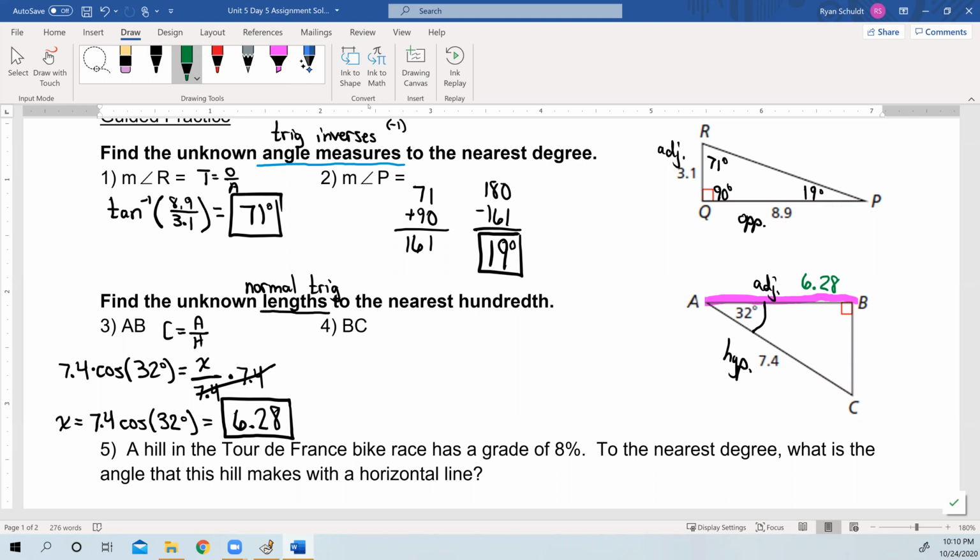I know my hypotenuse is 7.4, so let's try to find BC. And I can do this with the Pythagorean Theorem. Say x squared plus 6.28 squared equals 7.4 squared. So we're going to have to do 6.28 squared.